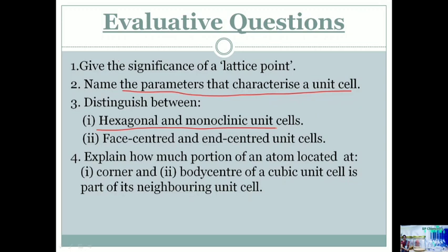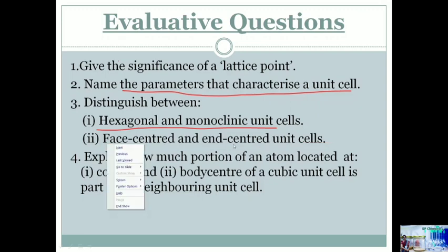But in a monoclinic unit cell, A is not equal to B, not equal to C, and alpha is equal to gamma is equal to 90 degree and beta is not equal to 90 degree. And an example of monoclinic unit cell, you can write monoclinic sulfur, right? Then next question, how to distinguish between face-centered and end-centered unit cell.